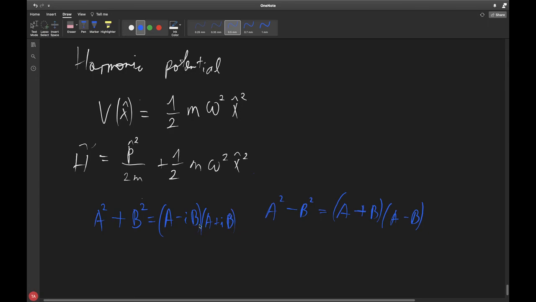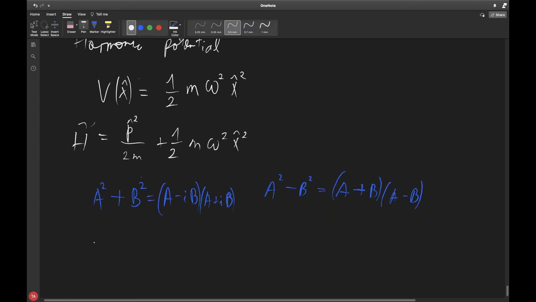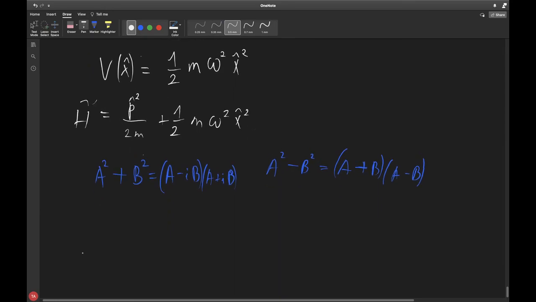So then when we get I times I, that's going to give us a minus sign, and when we multiply that minus sign with the other minus sign, we get the plus sign. So using this, we can factorize this Hamiltonian into 1/2 times m omega squared.